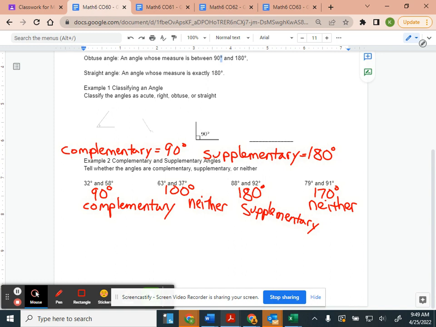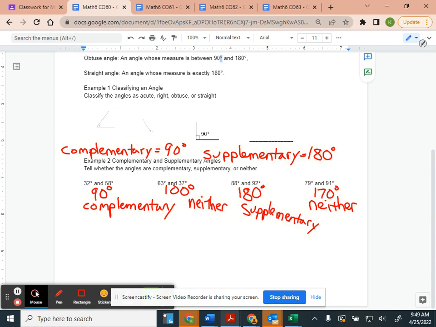So if we know it's a complementary angle and one of the degrees is 58, how do we find the missing angle? Tristan? You subtract the final by one of the factors.